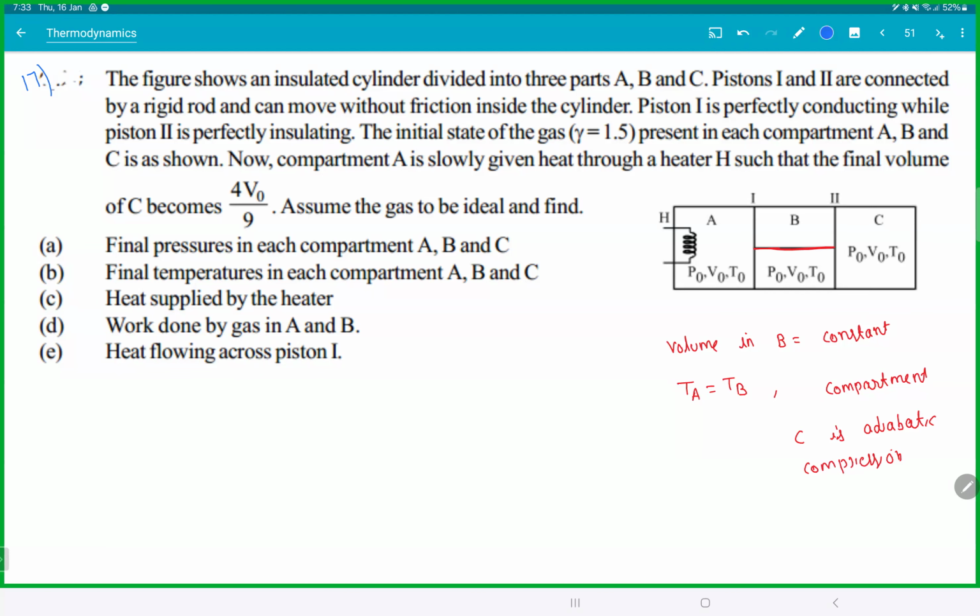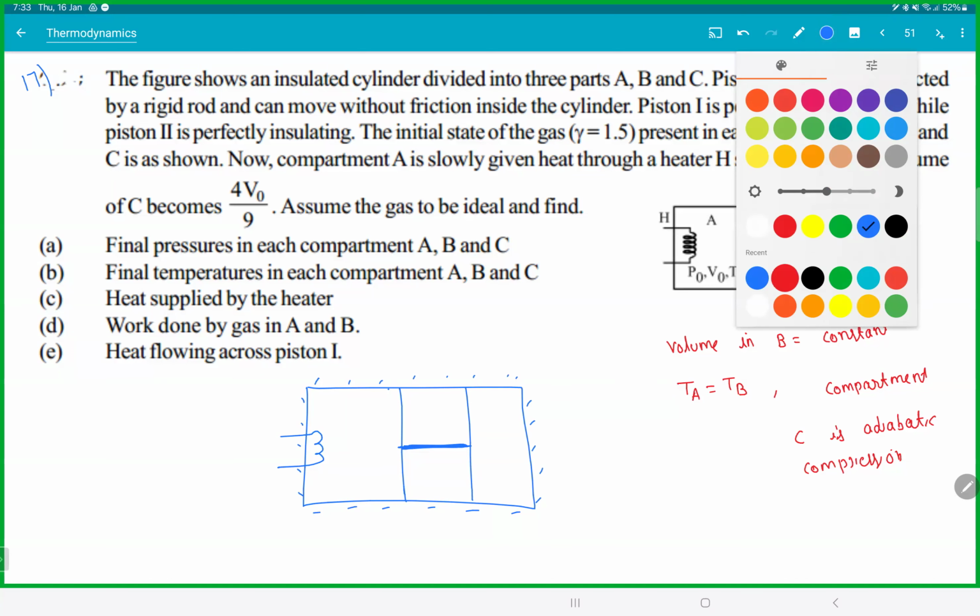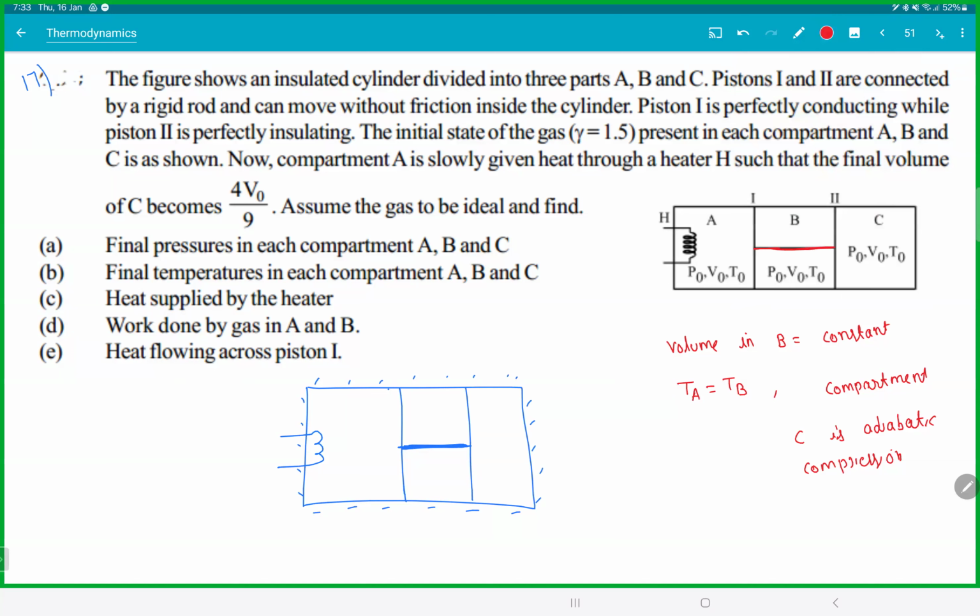Okay. Let's draw the new diagram. It looks like this. This is that rod. So pressure will be how much?